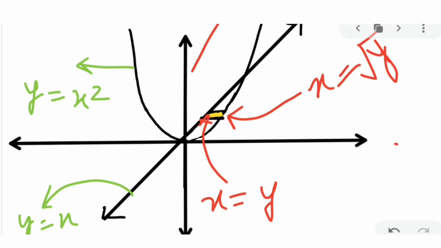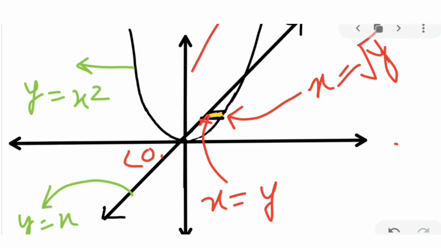Now we will identify the region we need to integrate. From this point to this point we need to integrate this horizontal strip. From the previous limits we have found out this point is 0 comma 0 and this point is 1 comma 1. So the limits of y will be from 0 to 1, right? Let me write down the coordinates here.